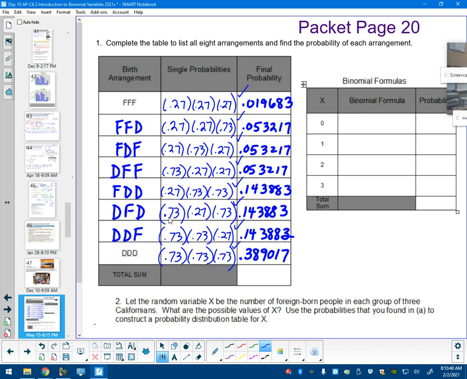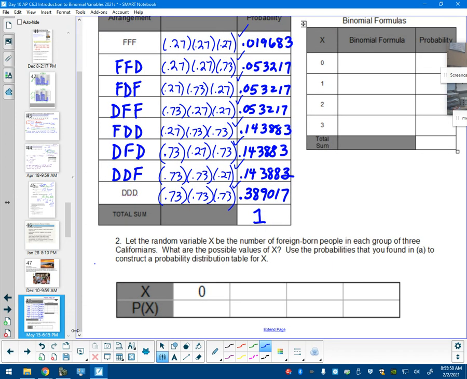What'd you get, Nathan? I got 1. It should be 1, right? Because this is a probability distribution. I got 1 too. Good. All right. So now we're going to put this into the probability distribution.